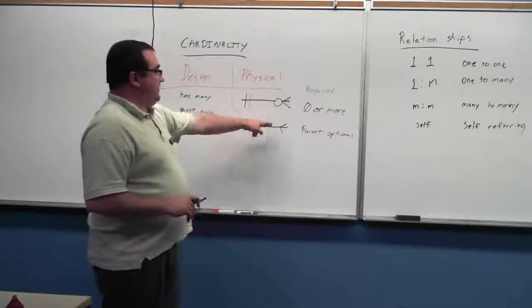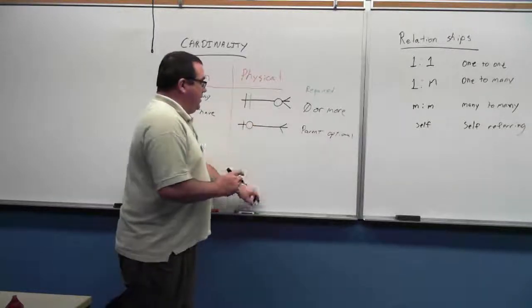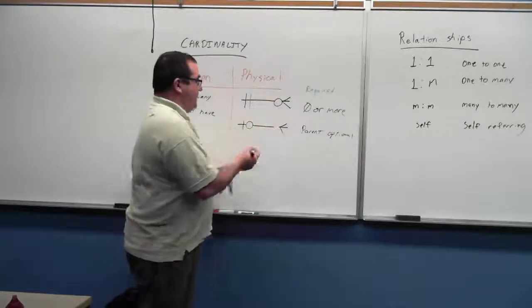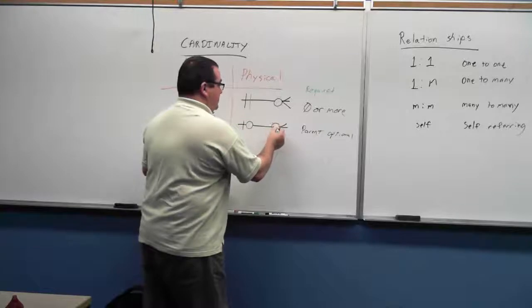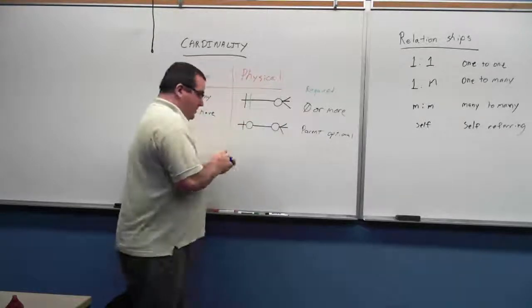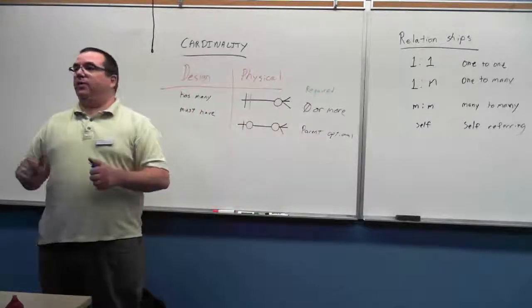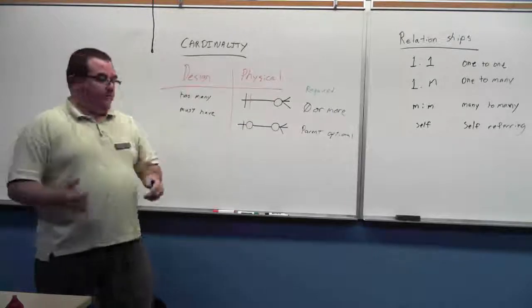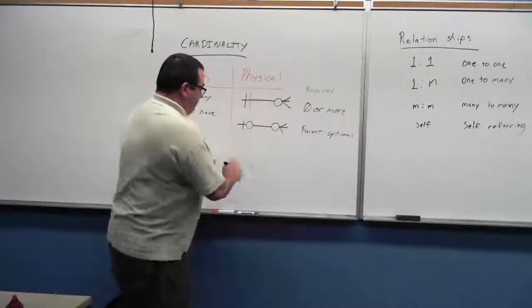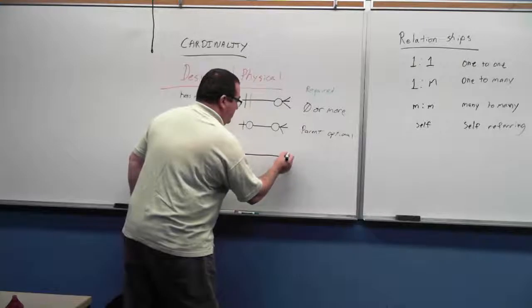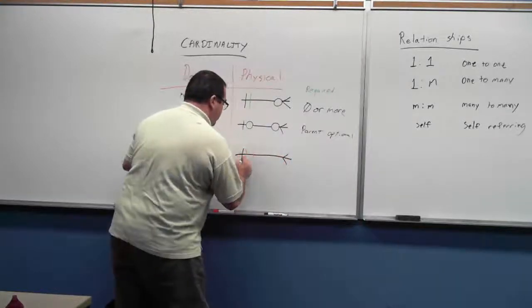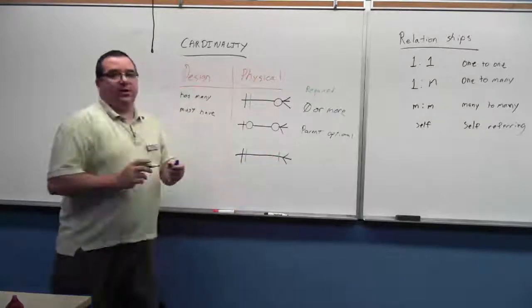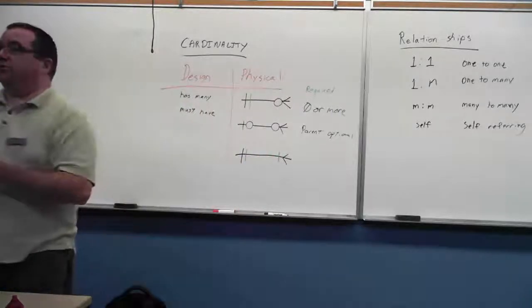The required works the same way on the other side, where in theory you can have a relationship that looks like this. Which means you can have records in either table and they're optional, the related records optional. Or you can have one record that cannot exist unless there's another record.